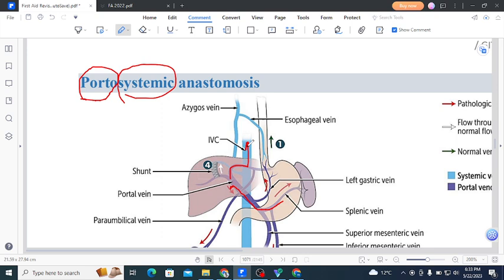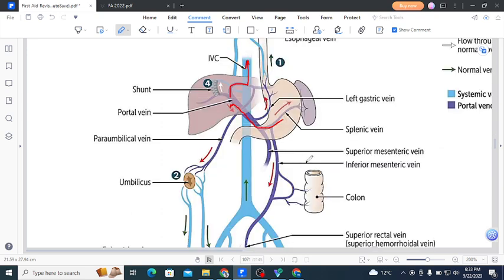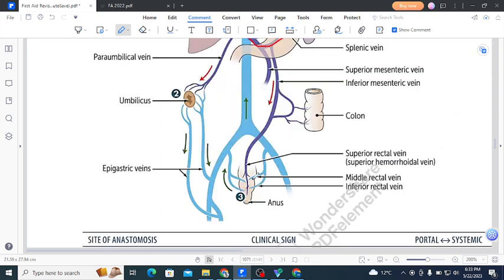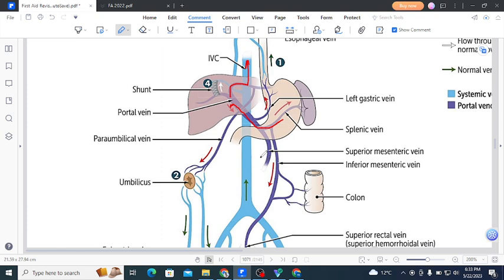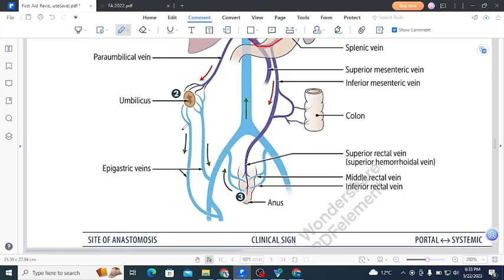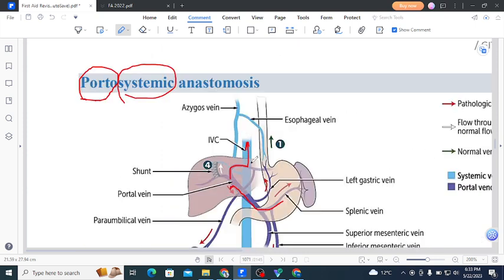Then the next thing is, so this is the portal system, and for the inferior vena cava, you must remember, suppose we are talking about the periumbilical veins, they are draining the blood from the umbilicus, moving downwards, then to the inferior vena cava, and then all the way to the right side of the heart. If there is pathology, like suppose there is some sort of liver cirrhosis, and due to the liver cirrhosis, the liver is compressing the hepatic portal vein, and the pressure inside the portal vein has increased.